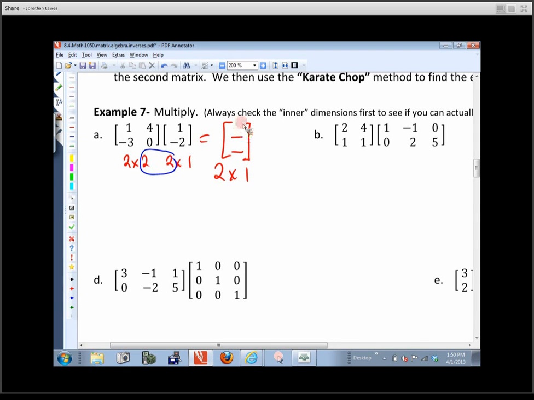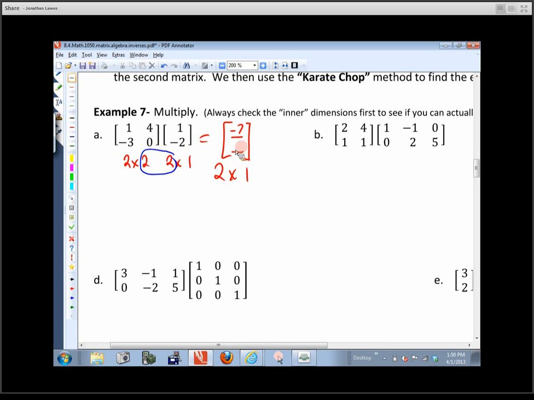So I'm going to take the first row and karate chop it with this column. They're going to multiply correspondingly. I multiply the 1 and the 1 together, and I multiply the 4 and the negative 2 together. So I get 1 and I get negative 8. Guess what I do with those? I add them together. So I end up with negative 7.